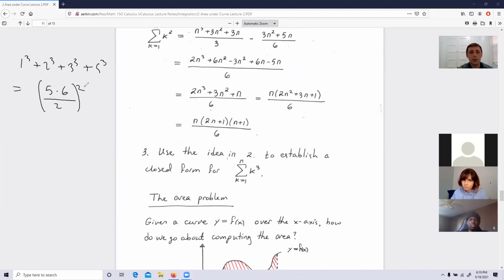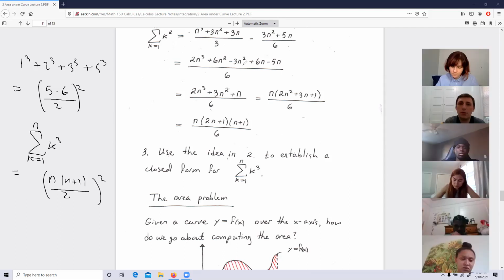So the general formula for the summation k equals 1 to n of k cubed is just n times n plus 1 divided by 2, squared. So if you remember the first formula, the second formula is not very hard to recall. But the one for k squared, I personally am always unsure if I remember it correctly.